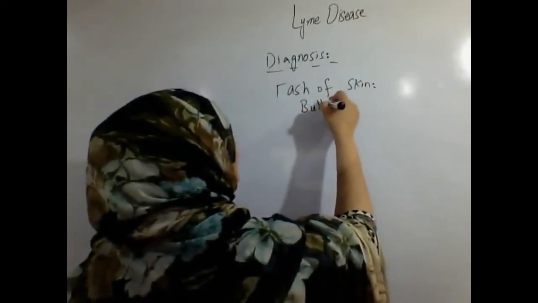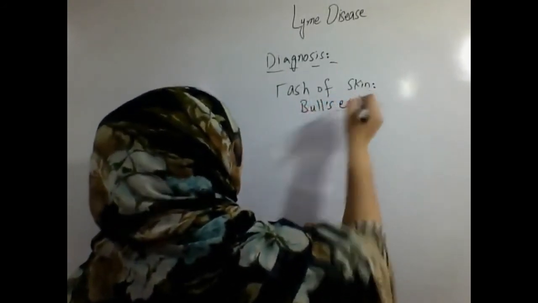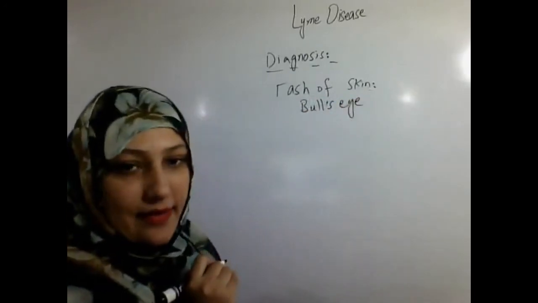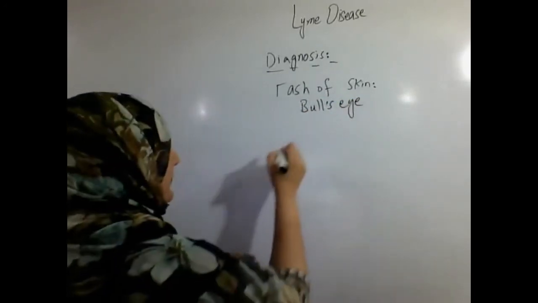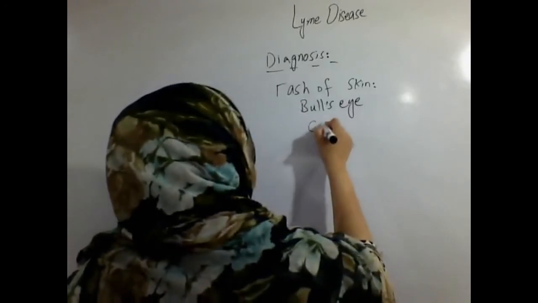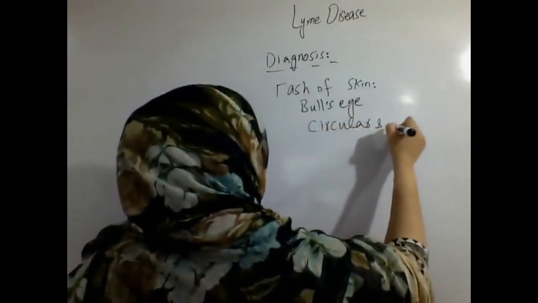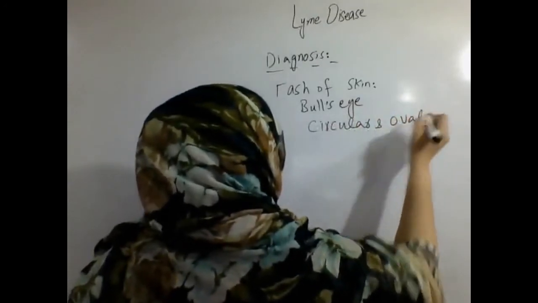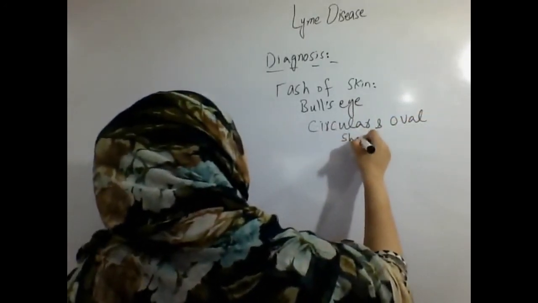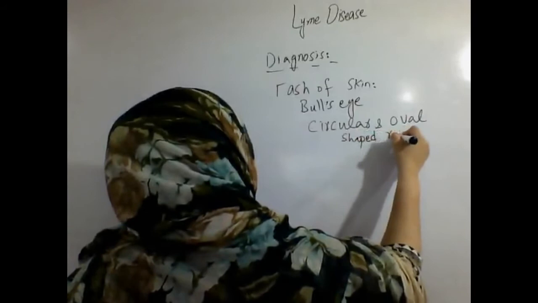It looks like a bull's eye. This is a circular or oval shaped rash.